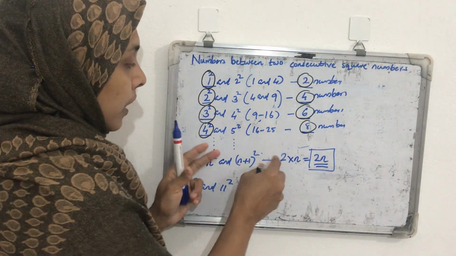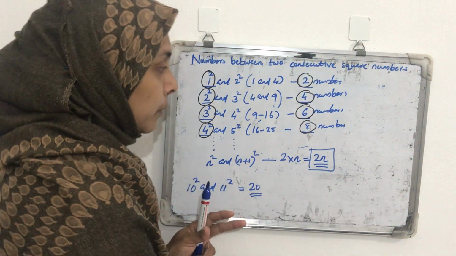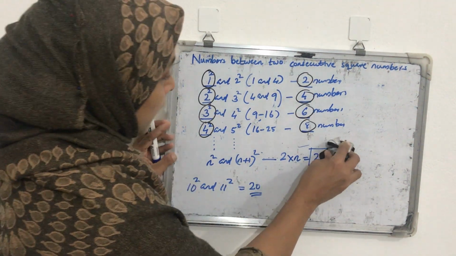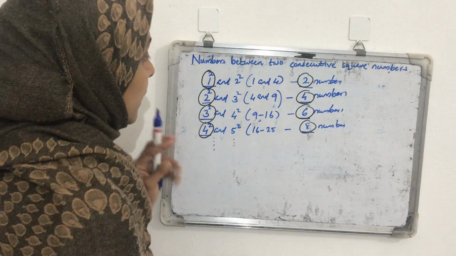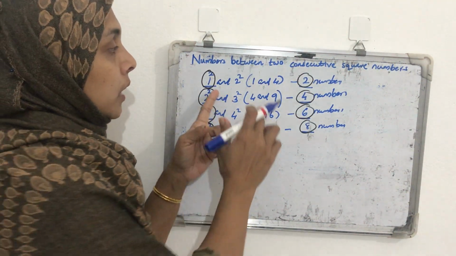Otherwise, this general formula we can find out by another method also. That also you just listen. If it is 1 square and 2 square, how many numbers are there?